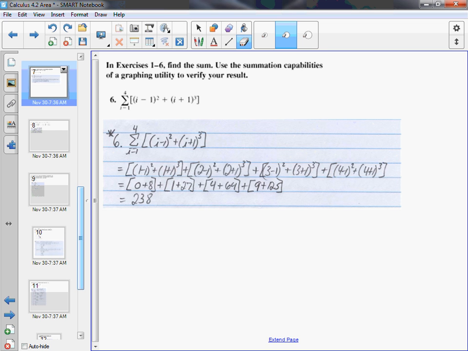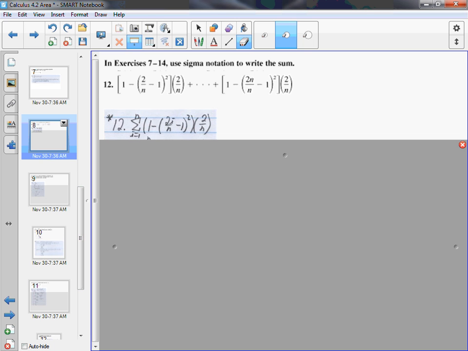All right? Let's take a look at number 12. I find these problems to be about the most difficult we can have with sigmas, when they give us something written out in expanded notation and expect us to be able to put it into sigma notation.